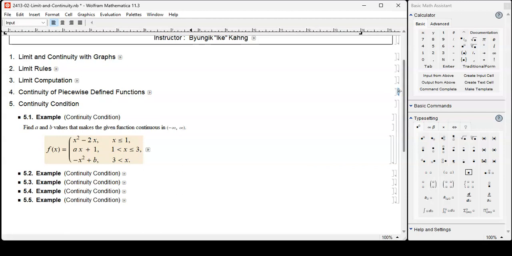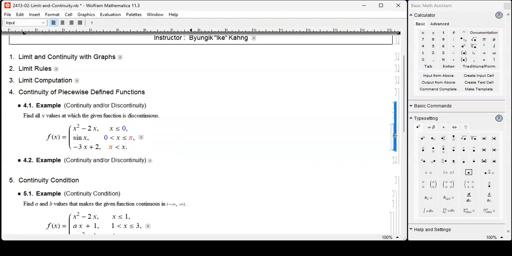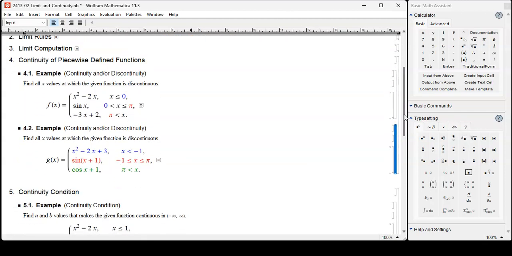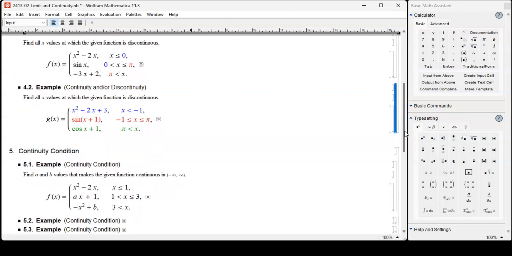So, using what we discussed in the previous problems as stepping stone, work through this. So what did you do? Plug in 0 to first line, second line, plug in pi to second line, third line, and check whether they are the same.